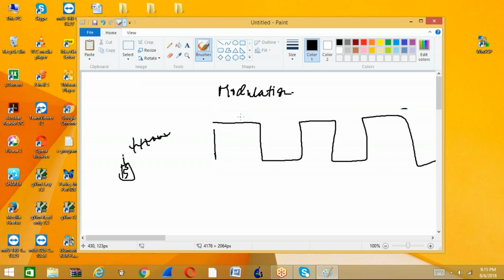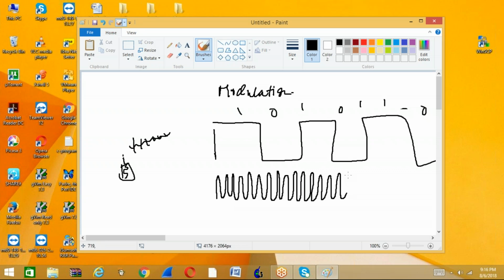So I have bits 1 0 1 0 1 1 0, at very low frequency. If I transmit at such a slow frequency, there will be losses. For that reason, I mix this with a very high frequency signal.